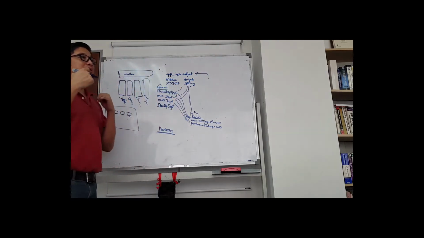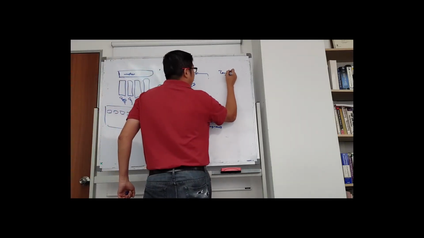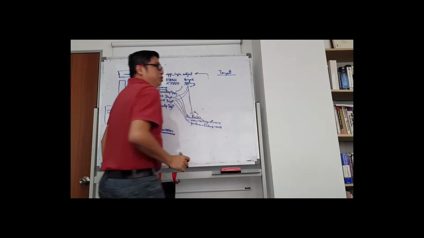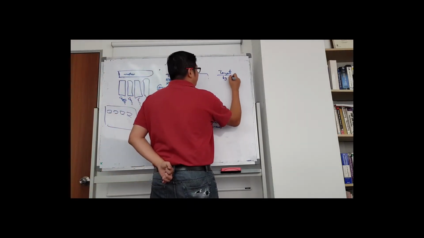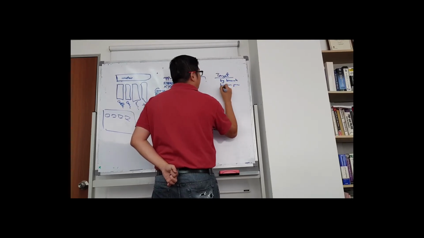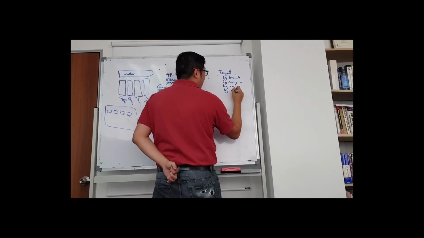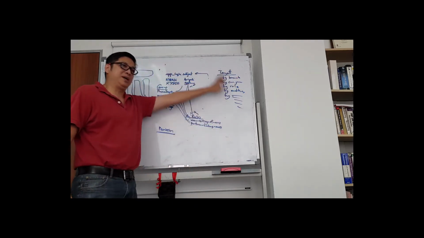So when it comes to the target, usually it is referring to you create something by branch, by company, by role, by entity, by whatever criteria. You can create by this, by that, by whatever.